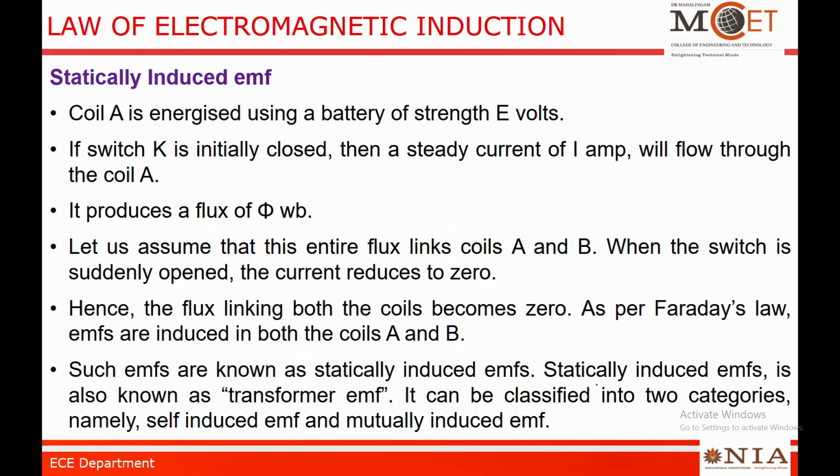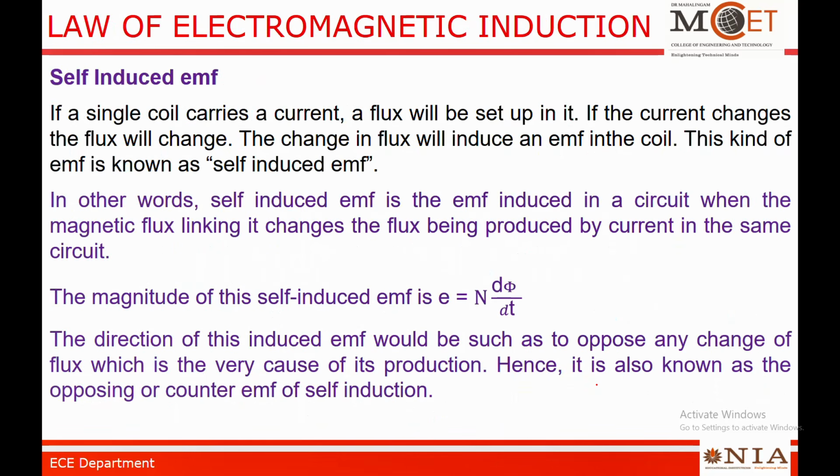It is classified into two categories: self-induced EMF and mutually induced EMF. The self-induced EMF is related by E equals d psi divided by dt. The direction of this induced EMF opposes any change of flux which causes its production, so it is also known as the opposing or counter EMF of self inductance.